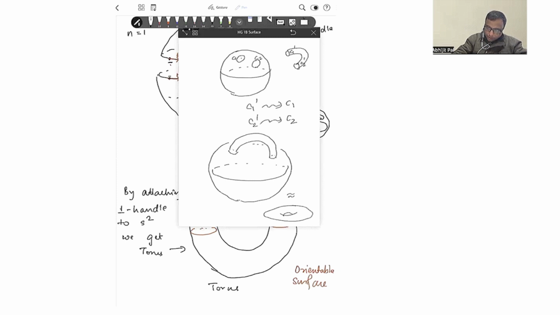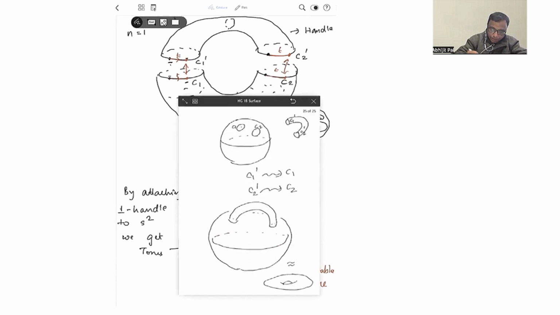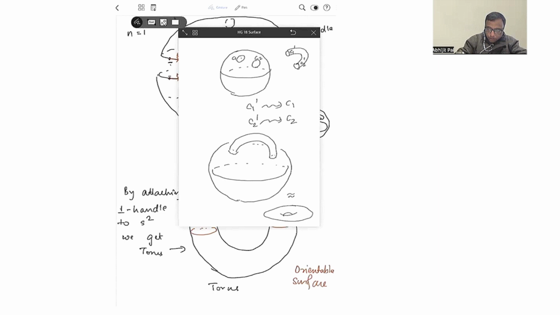So that is what is written here. First of all, let us understand what we mean by a handle. A handle is just a homeomorphic copy of a cylinder. When I spoke about the sphere, when you make two holes, meaning you take two disjoint open discs in the sphere and take them out, this will be homeomorphic to a cylinder.